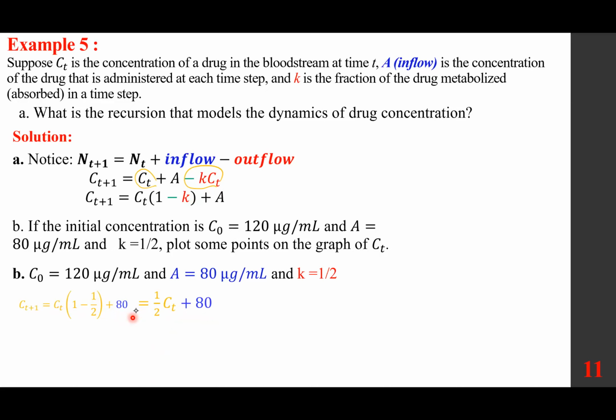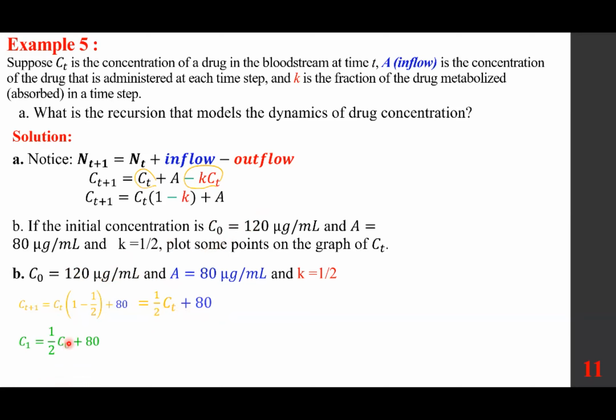So if we were to write a few of them, for example, now that we have the general form, let's write C sub 1. C sub 1 is half of C sub 0 plus 80. And as you know, C sub 0 is 120.